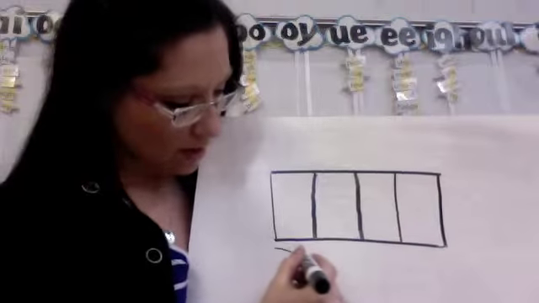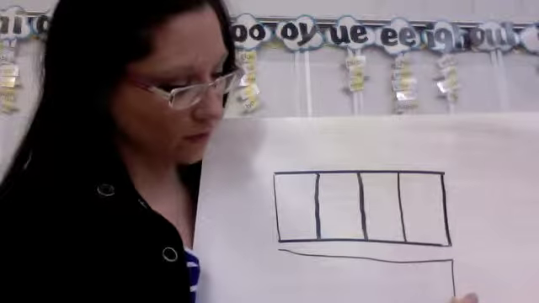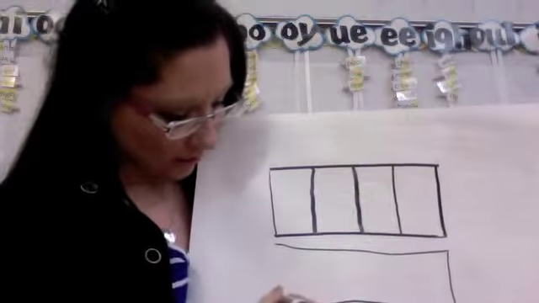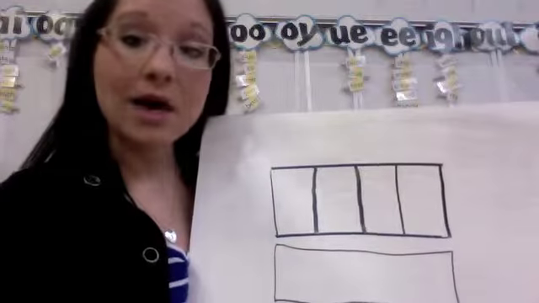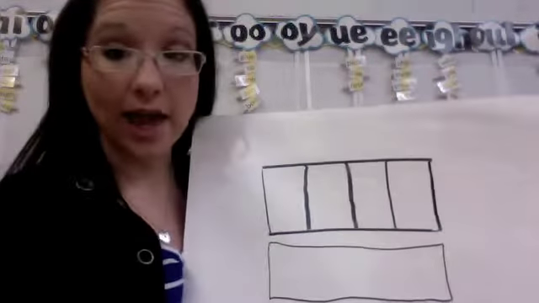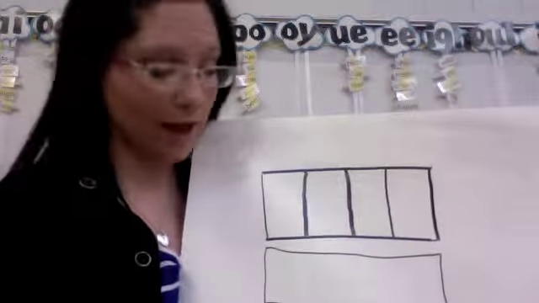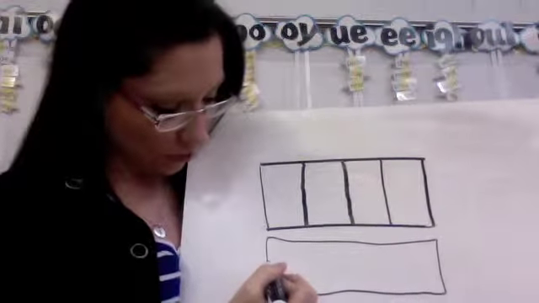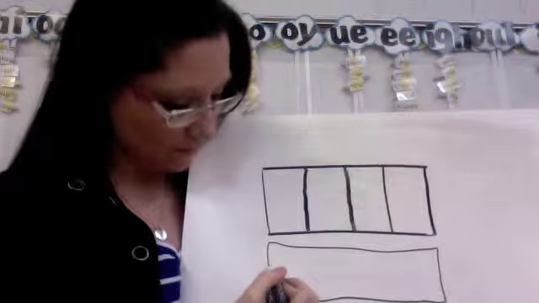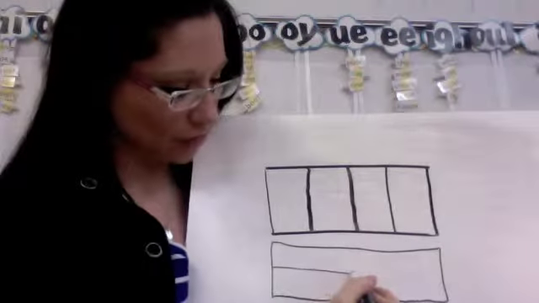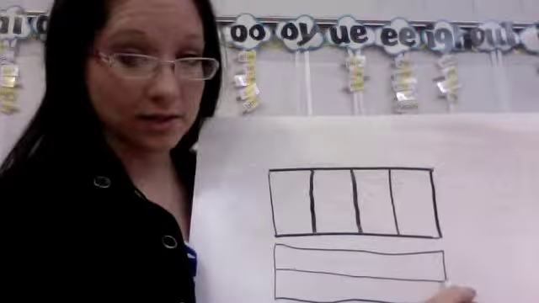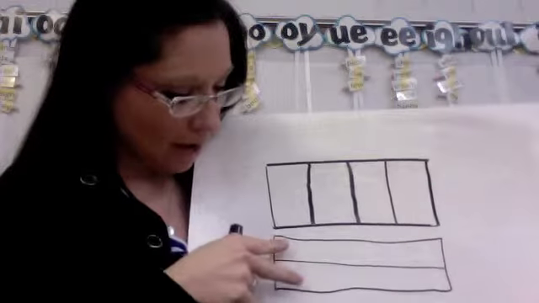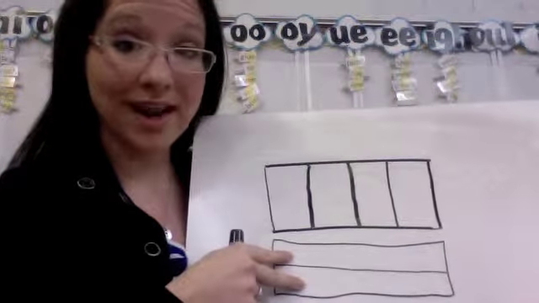But you know what? It doesn't just have to be those vertical lines. Let's take a look at this rectangle here, and now I'm going to draw some horizontal lines, so going across this way. Once again, I'm going to first break it up into 2 equal shares. So I go about halfway, and I draw straight across. Okay? Now I've got 2 equal shares, so those were split in half.